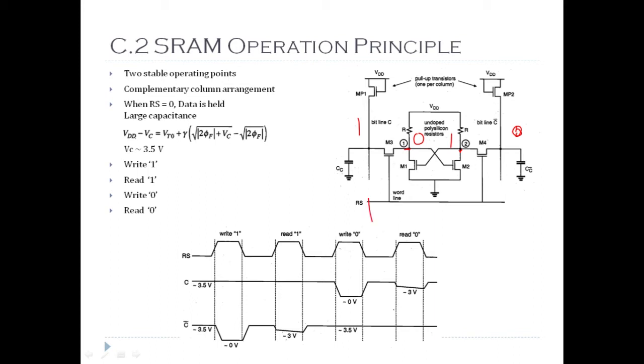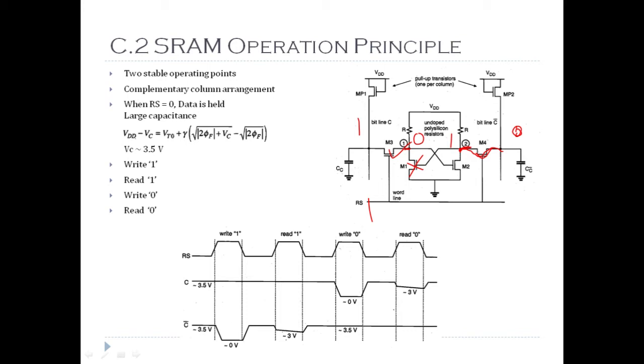And when this RS becomes 1, the switches are turned on. So the 0 is applied to this node 2 or V2 through M4. Now as this voltage becomes 0, the voltage at this point is pulled down. As it is pulled down, it turns off. As it turns off, there is no current flowing through it.